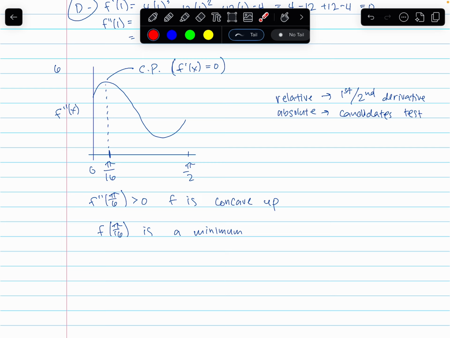The thing that makes me feel like it should be B is that this looks like a sine wave, right? Or a cosine wave, or some sort of trigonometric wave like that right there. Meaning that at this point right here, if you think about the sine and cosine waves, they're cyclical. And so at these points right here, there are always going to be relative minimums or maximums, right? And then also you'd have to consider these points right here.